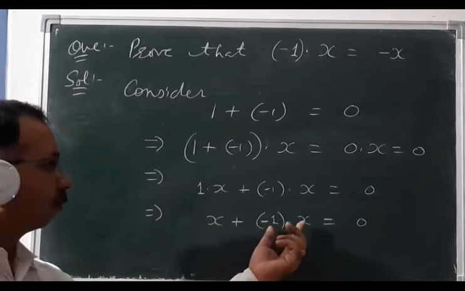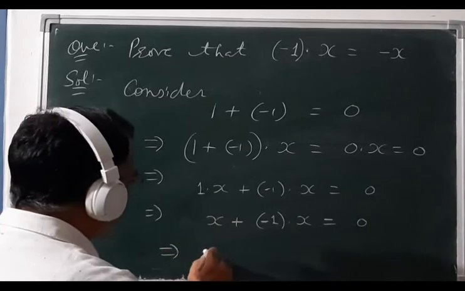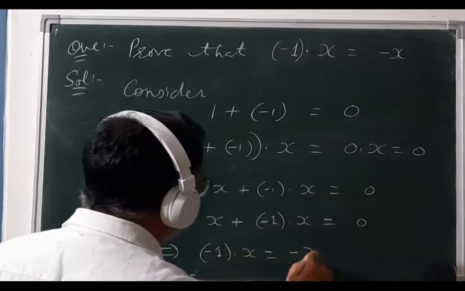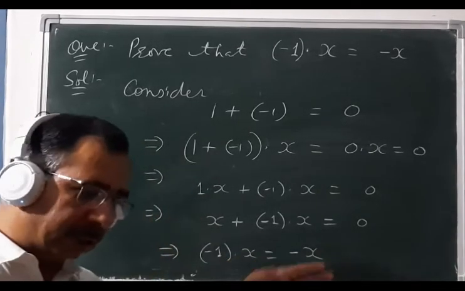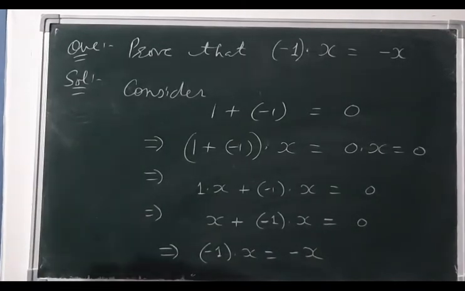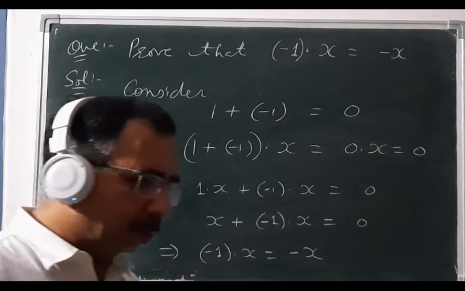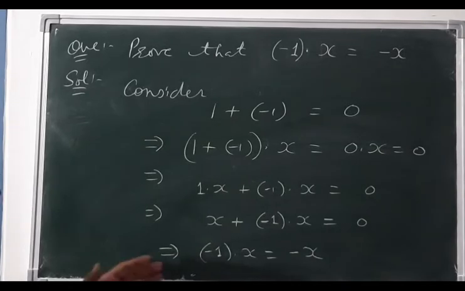So if this is the additive inverse of this, therefore minus 1 times x will be equal to minus x, because x has additive inverse minus x. So by uniqueness of the additive inverse, we have this number equal to minus x. So let me first prove the uniqueness of additive inverse, because this property I have used so many times.